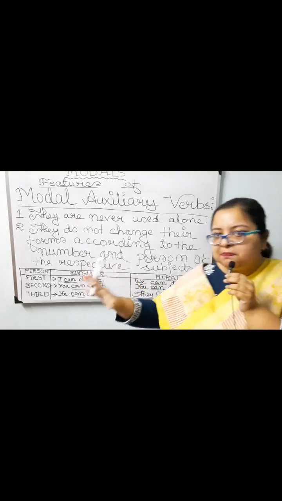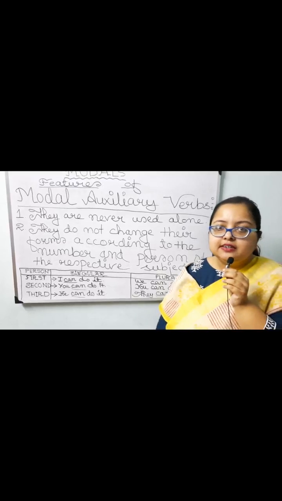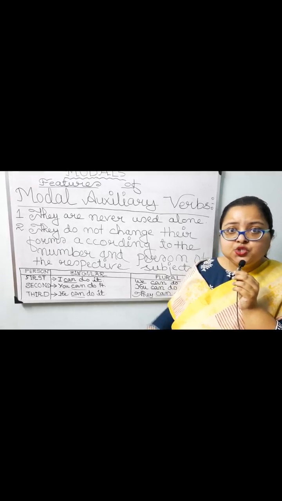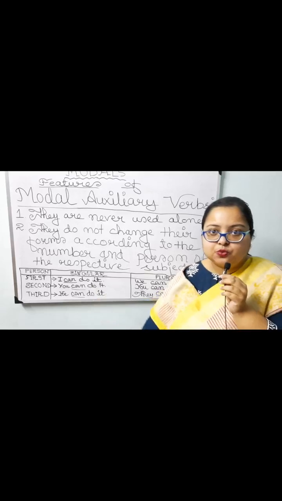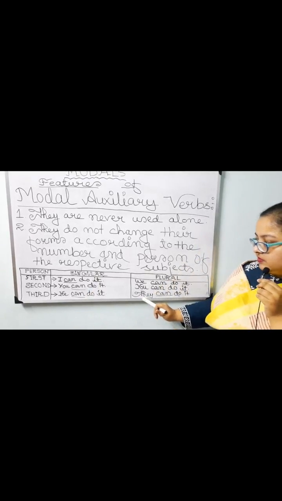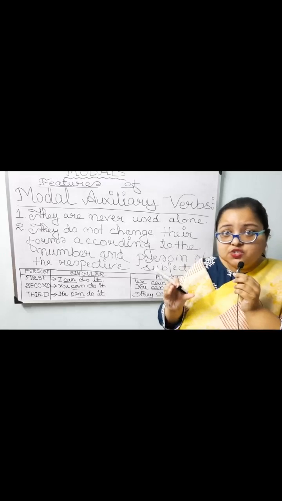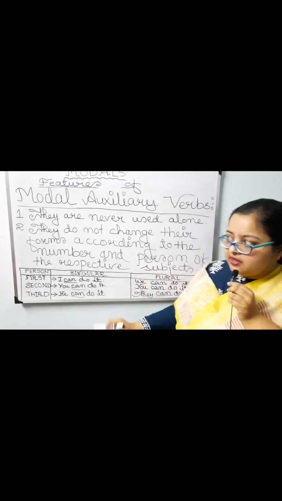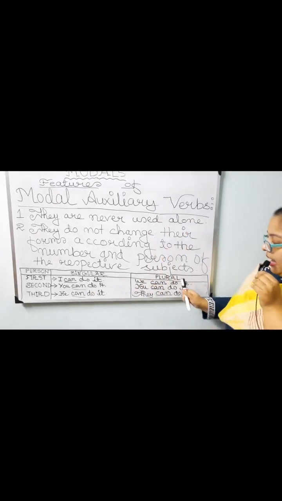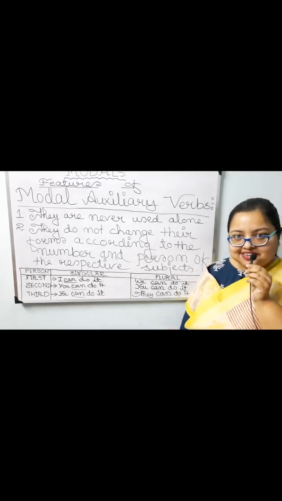Suppose a group of people is there and you are referring to them. Third person will be they, this very word they will be in the third person. Okay, plural form. And can over here is also not changing its form. It is the same.